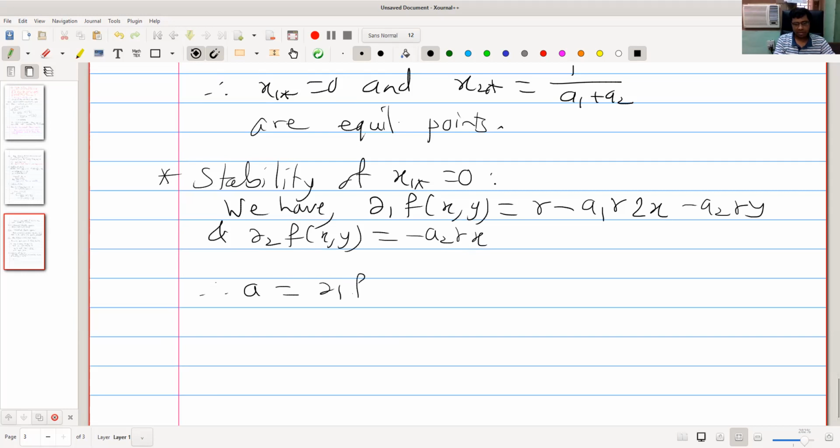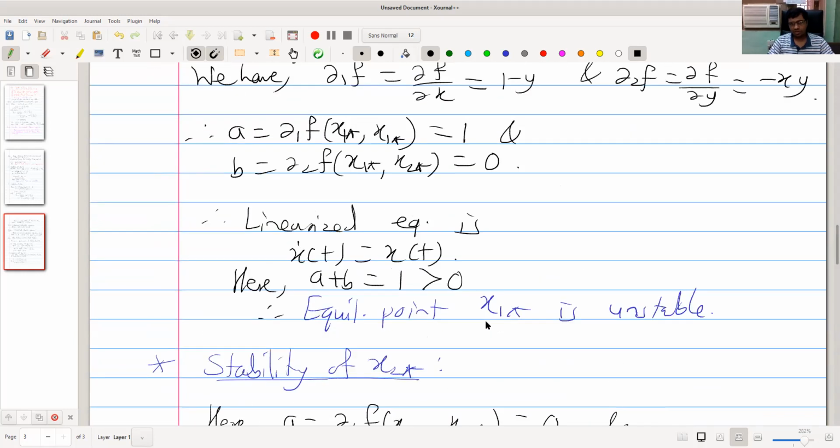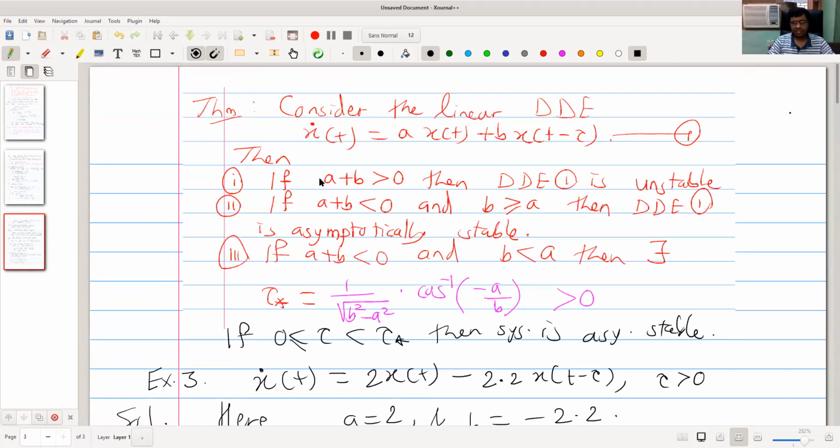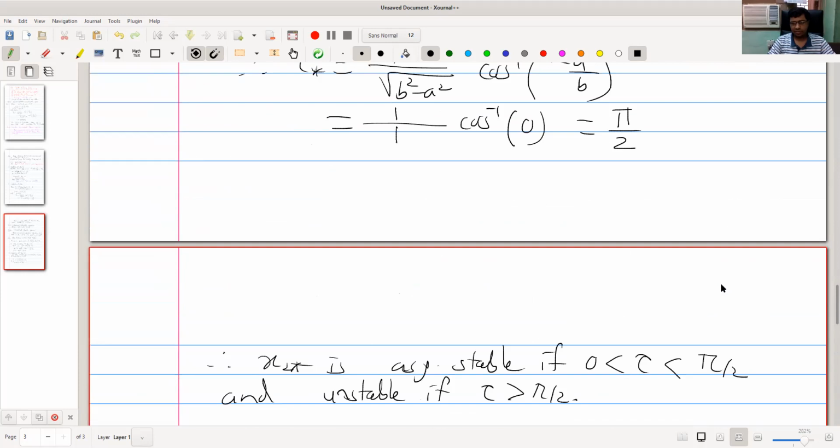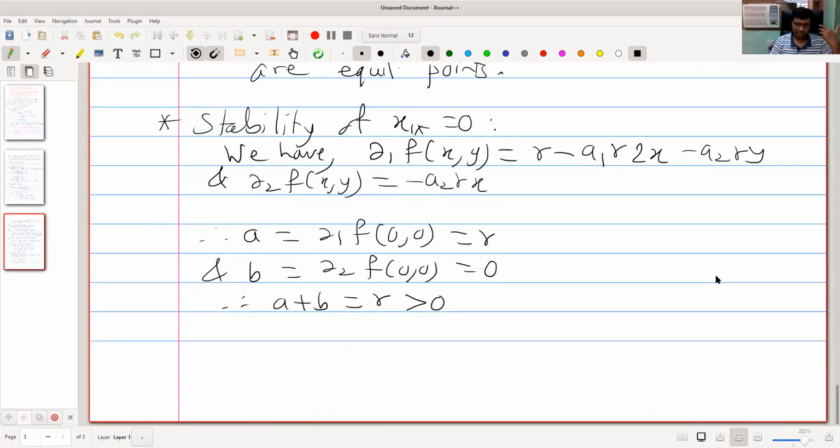A is del 1 f of x1 star x1 star, that is 0 0, and it is r. And what is b? B is del 2 f of 0 0, it is 0. Therefore a plus b equals r. R is given to be a positive constant, so a plus b is positive. This result says that if a plus b is positive, then it is unstable. So the equilibrium point x1 star is unstable.